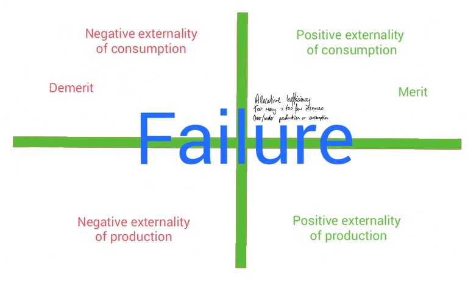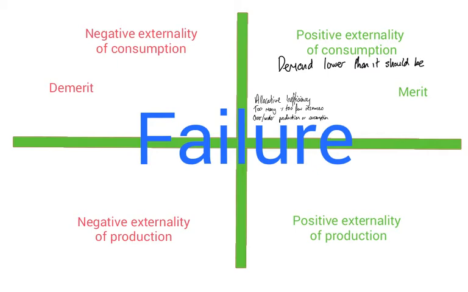So we can group them into four main categories. Start at the top right. Positive externalities of consumption and merit goods. What have we got going on over here? Well, we have a situation where demand is lower than it should be.